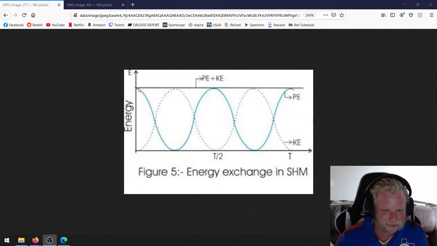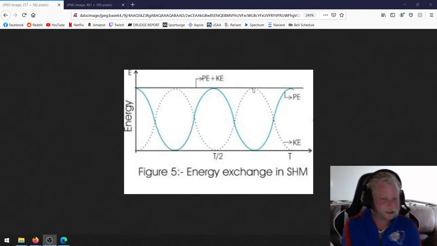All right, so when your potential energies are maximum, so here, here, and here, we know that it's at its amplitudes, whether it's positive or negative amplitude. When your kinetic energy is maximum, so here and here, we know that it's hit equilibrium position, right?